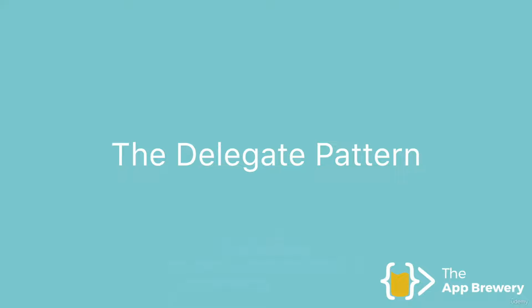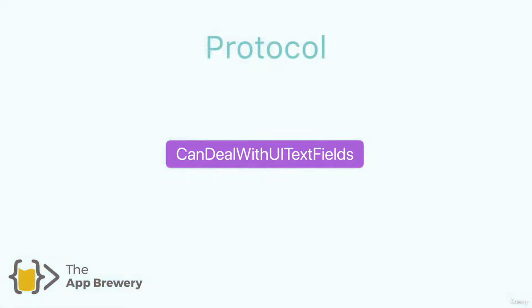And this is a pattern that Apple really likes to use, which is why we're spending a lot of time to actually talk about it and try to understand it. Underlying the delegate pattern, the technology that really makes it work, is the protocol. And we've already learned about protocols in the last lesson in our Swift deep dive. So we know that we can create a protocol.